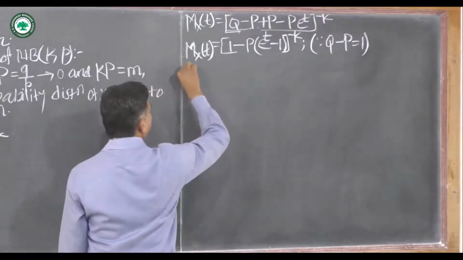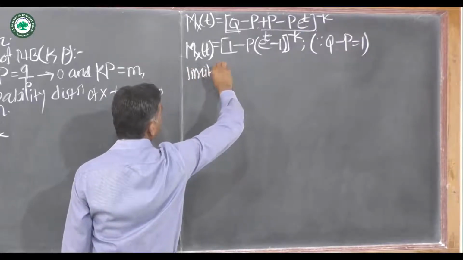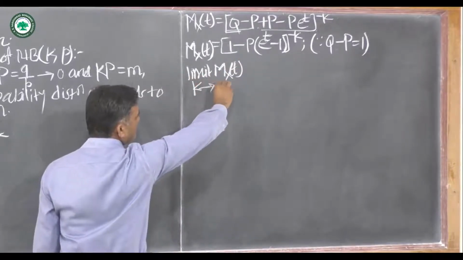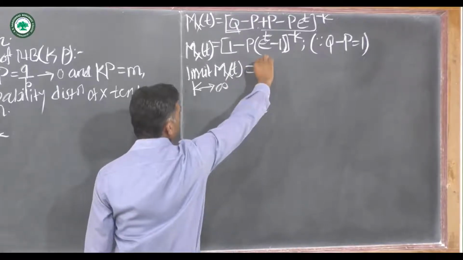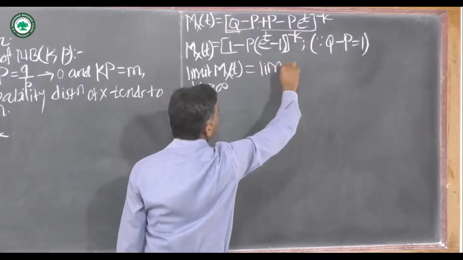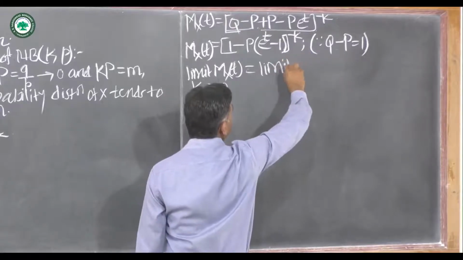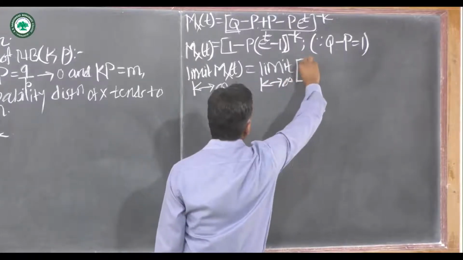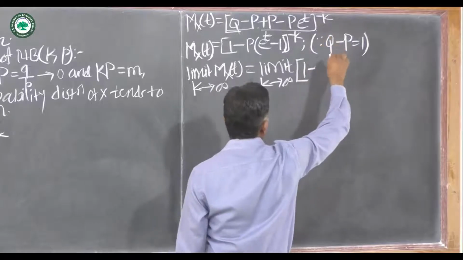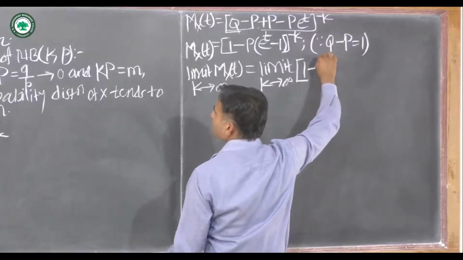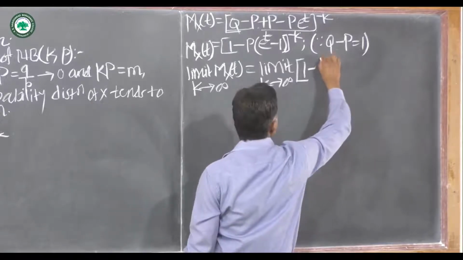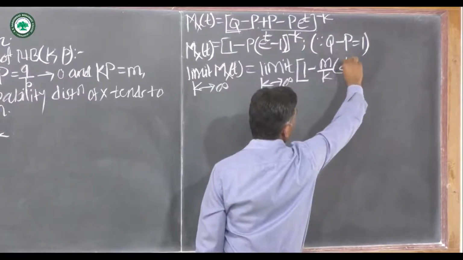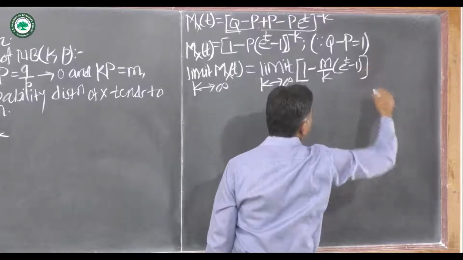Then we have the limit of M_X(t) as k tends to infinity is equal to the limit as k tends to infinity of (1 minus P into (e raised to t minus 1)) raised to minus k.